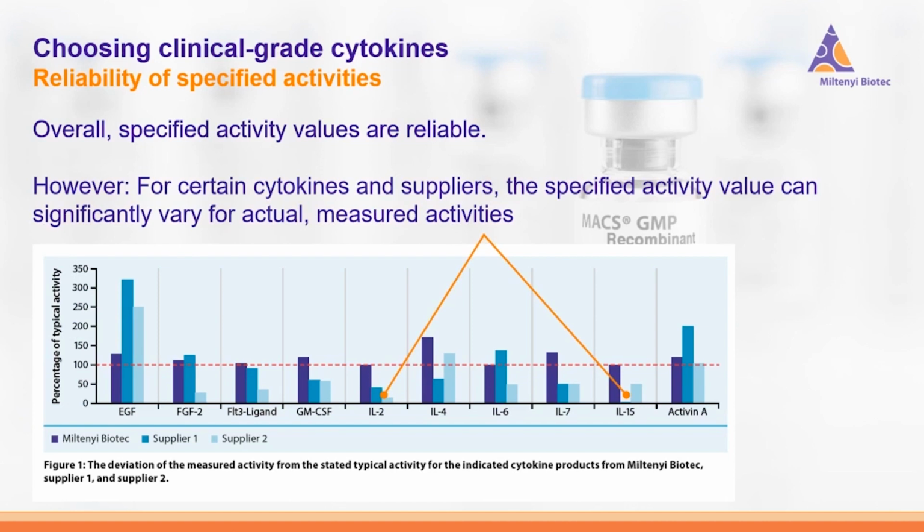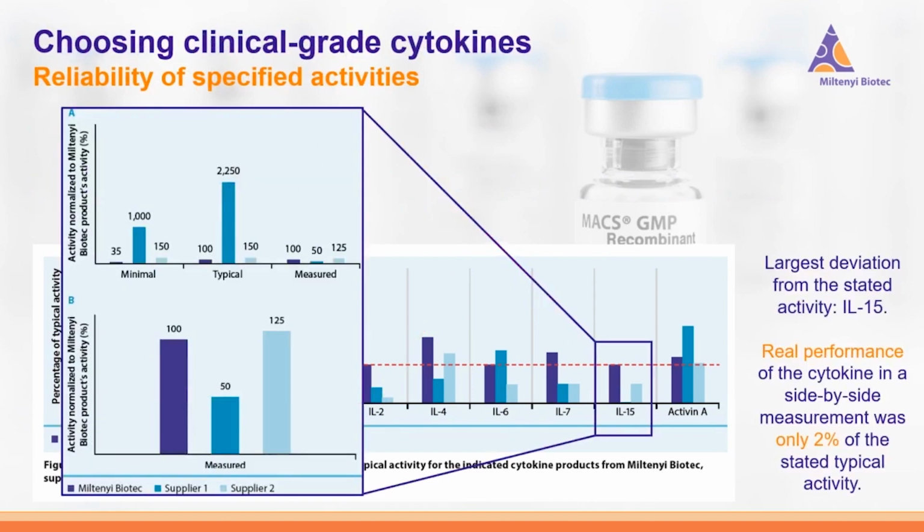We were, however, really surprised to find that for certain cytokines and suppliers, the measured activity values deviate very significantly from the specified activities. And one of the cytokines for which this was the case was IL-15.